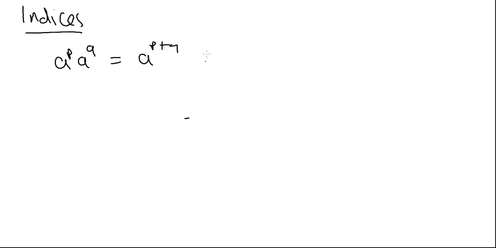So I'll just do that here. If you have a to the power of 1 and a to the power of 1, well, that's a squared. So that follows with this relationship. So, this kind of matches with our intuition.